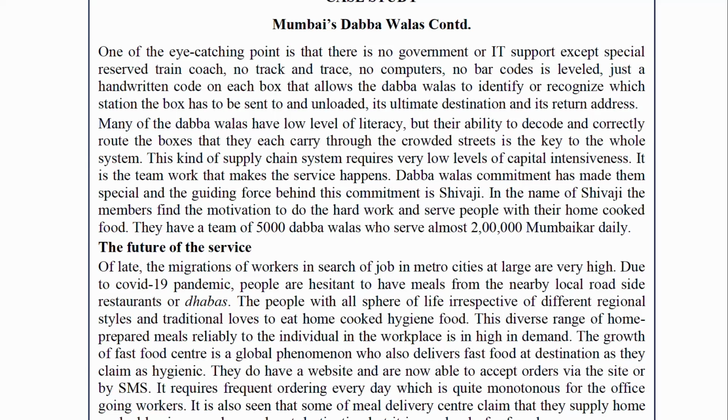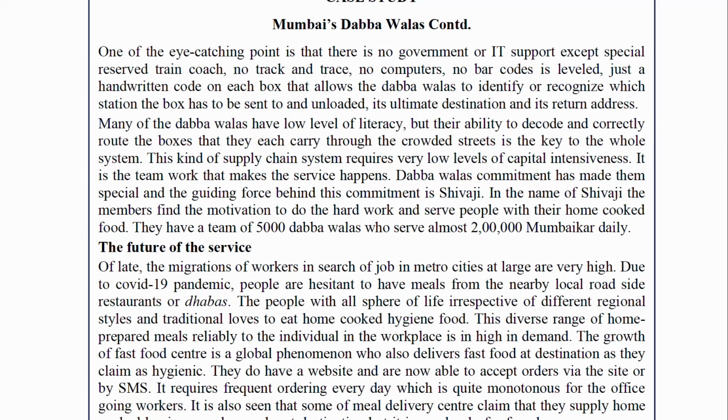One of the eye-catching points is that there is no government or IT support except a special reserved train coach. No track or trace, no computers, no barcodes, just a handwritten code on each box that allows the dabbawalas to recognize which station the box has to be sent to and unloaded, its ultimate destination and its return address.